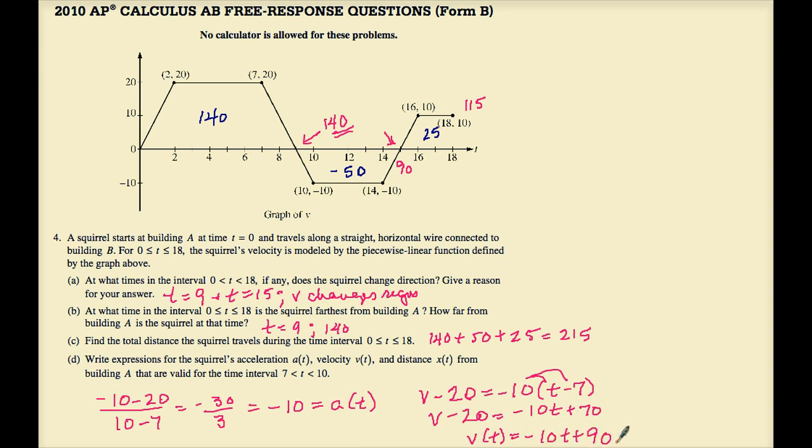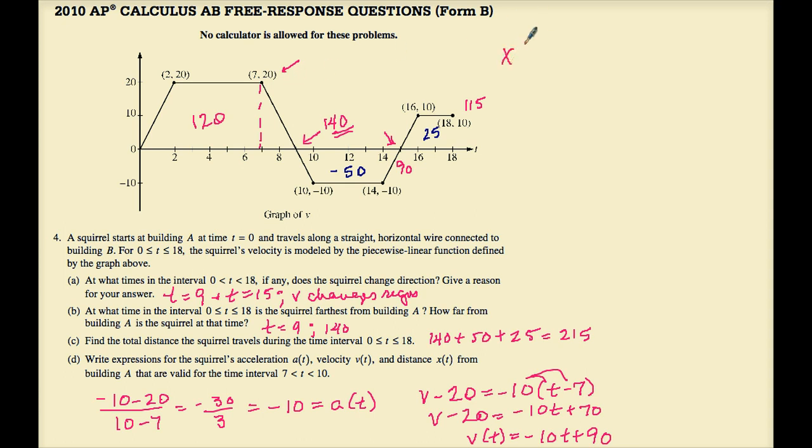To find the position function, we're going to need to integrate this velocity function. We'll also need to know the position of the squirrel at time t equals 7. So let's find the area of this trapezoid. That area is 120. That means at t equals 7, the squirrel was at position 120.